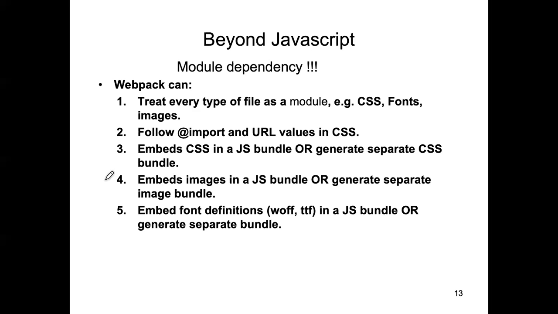So it's pretty broad in terms of its understanding of what constitutes a module, and it is able to follow lots of different types of inter-module dependency relationships. And the purpose of it all is so that it can build its bundles so that the bundles contain absolutely everything that is needed by the browser in order to render your app.